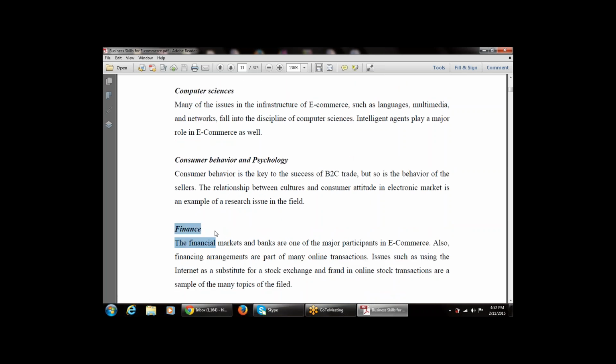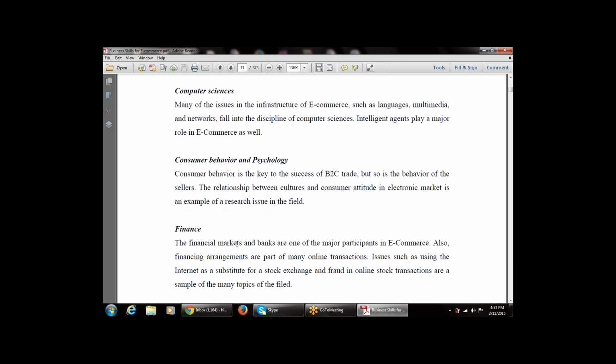Then finance. The financial markets and the banks are among the major participants in e-commerce. That is the financial market, with assets, liabilities, and gains, and the banks used for bills receivable and accounts payable are major participants in e-commerce. Also, financing arrangements are part of many online transactions.